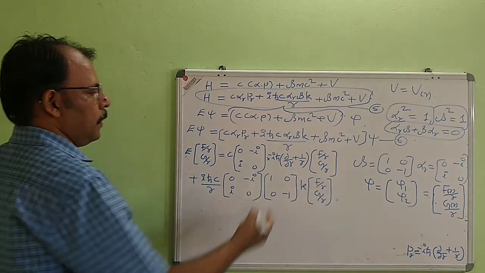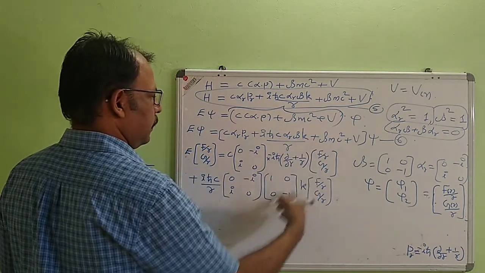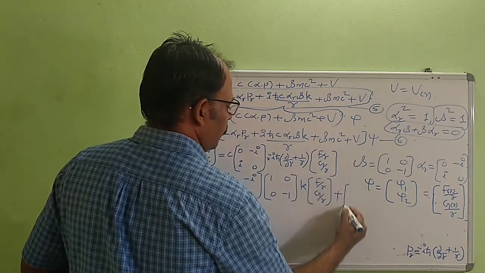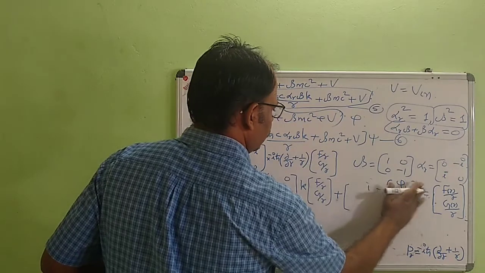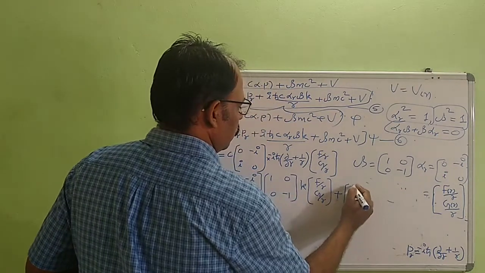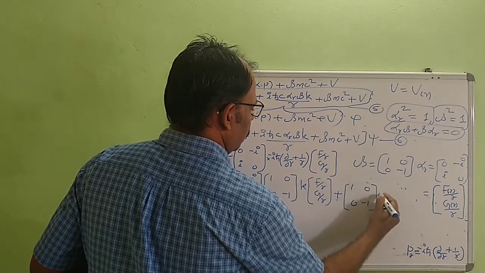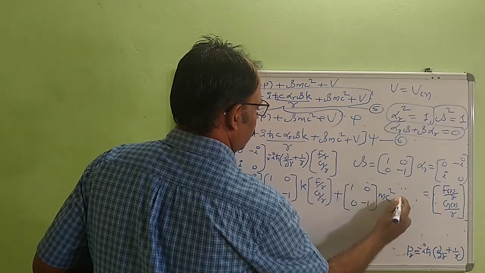Now this term is written here, plus beta m c square. What is beta? Beta is 1 0 0 minus 1 into m c square.